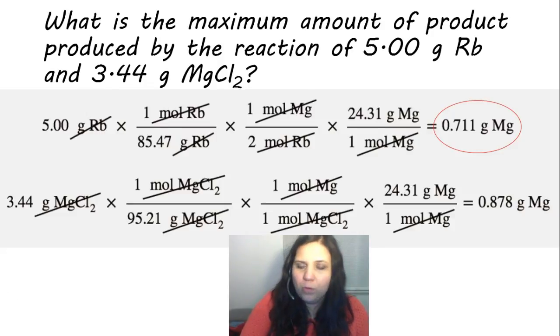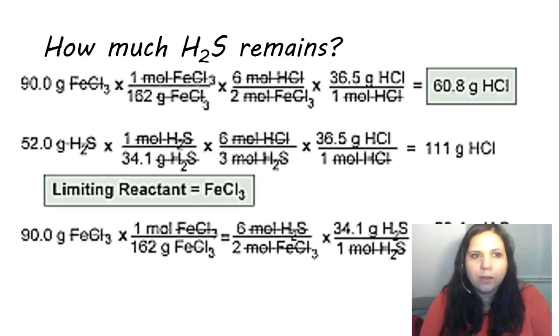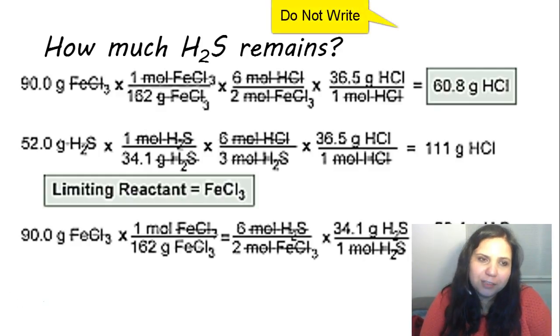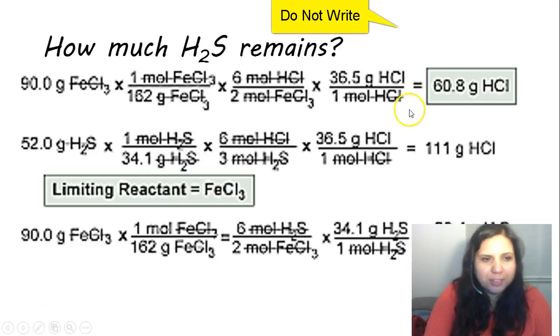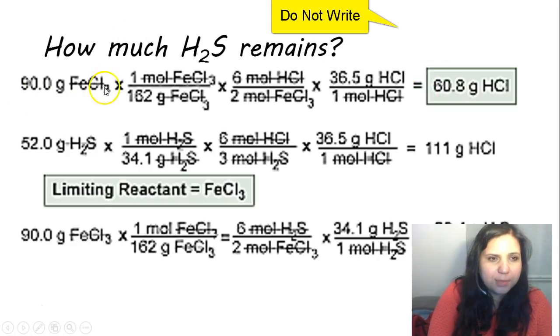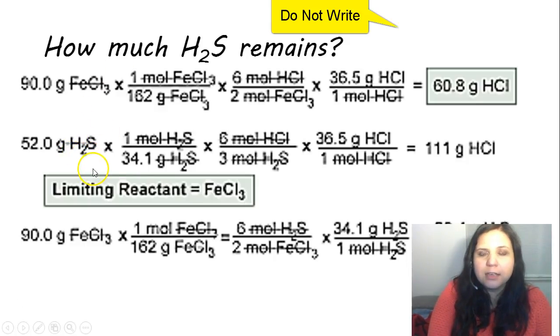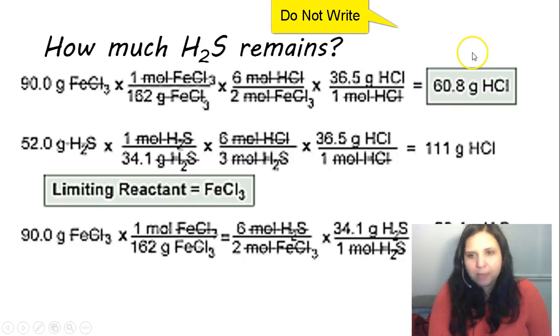All right, one more. Okay, this one's a little fuzzy. Hopefully you can see. Here, iron trichloride has reacted with hydrogen sulfide. They had 90 grams of iron trichloride and 52 grams of hydrogen sulfide. They reacted them together, and here's the amount of product that was produced.